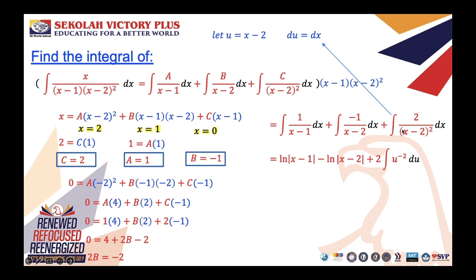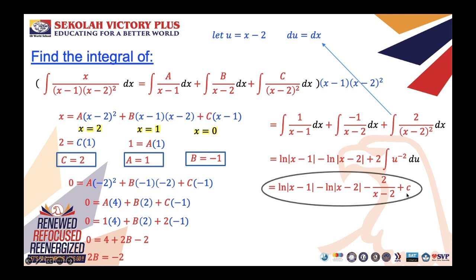So the 2 will be put outside, so that will be 1 over u squared. And then putting it on top, doing your integral, adding 1 to your exponent, and dividing by the result. Therefore, when you simplify, this will just be negative 2 over x minus 2 plus c. And this is now your resulting integral.